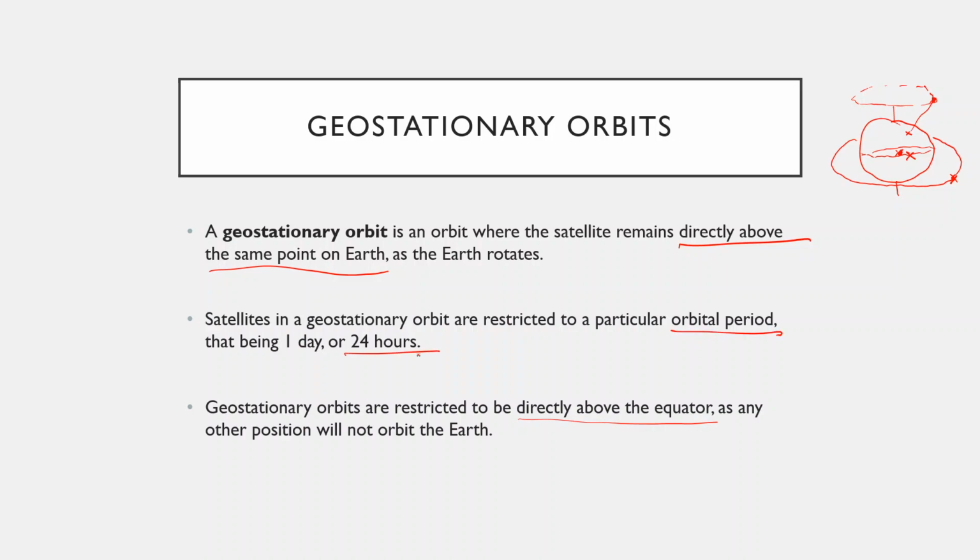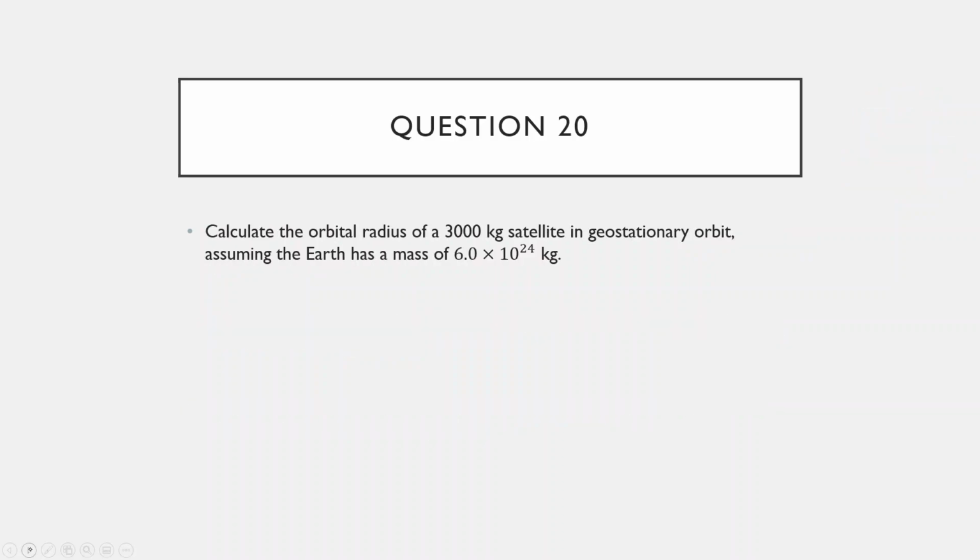It has to be. So the main things: geostationary orbits are directly above the equator, and the period is 24 hours. You can convert that to seconds if you like. That's 86,400 seconds.